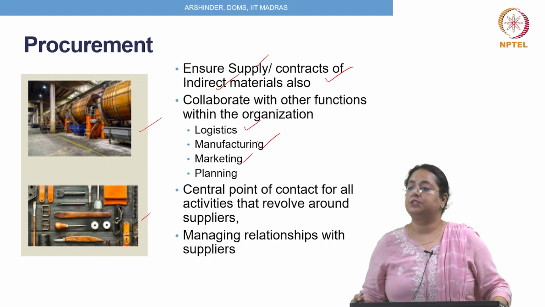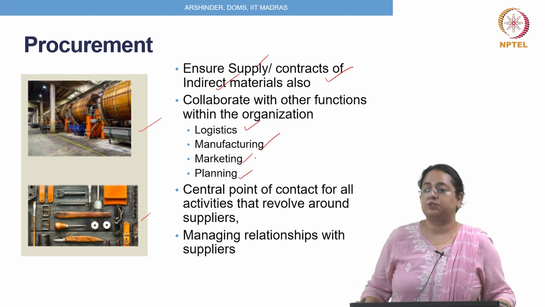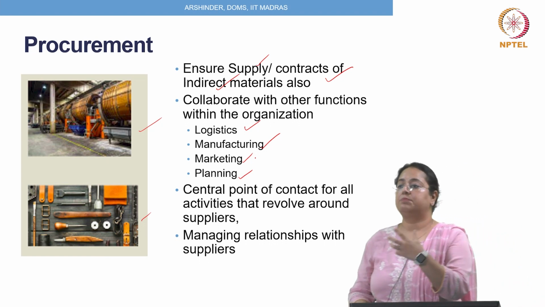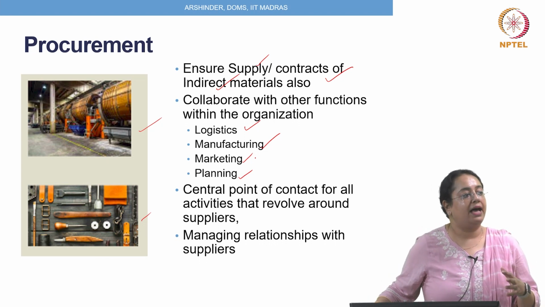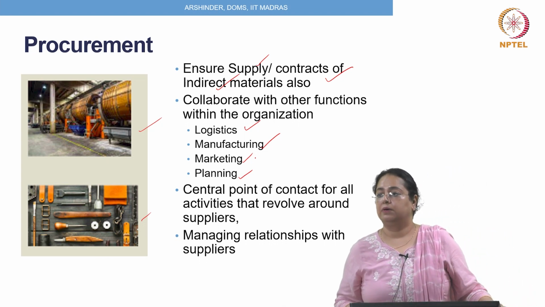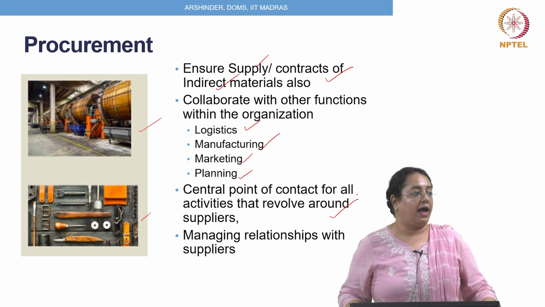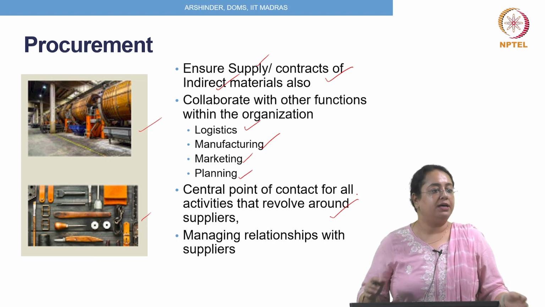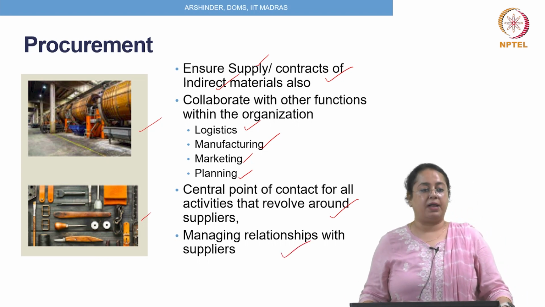It also does planning: how the business is going, can we help in reducing the cost, can we help in substituting different materials, can we help the company by having different suppliers and innovative techniques? The procurement function also takes care of being the point of contact for all contract developments and managing relationships with the supplier.